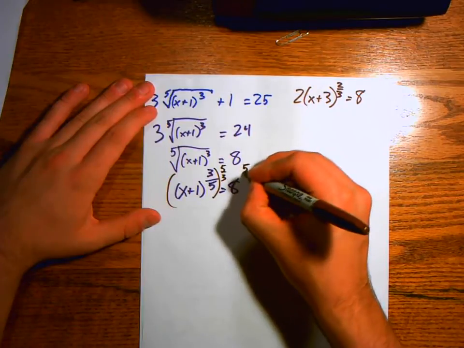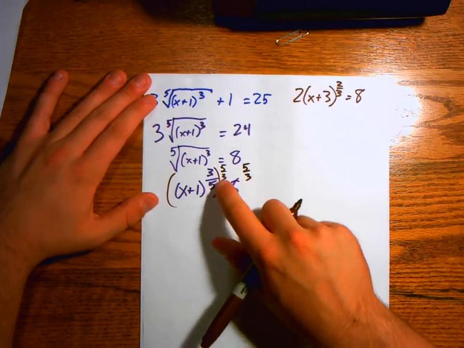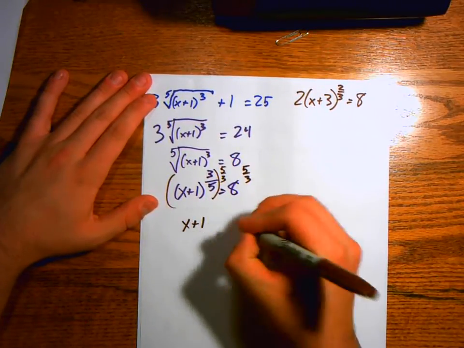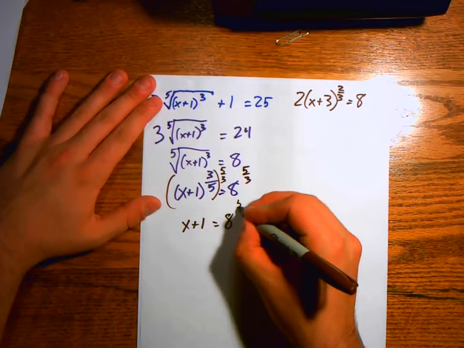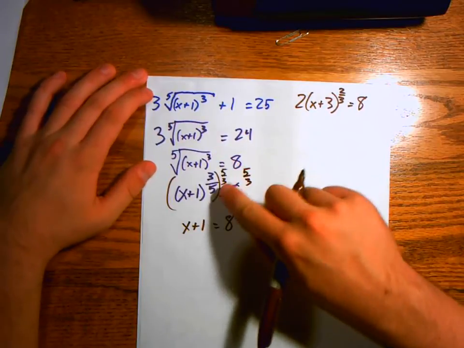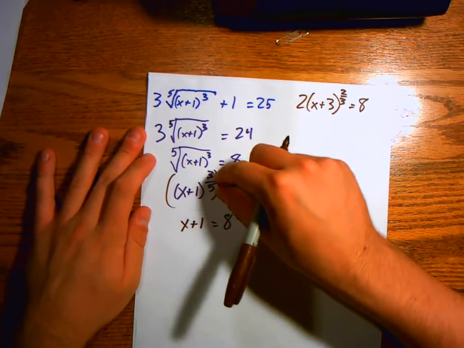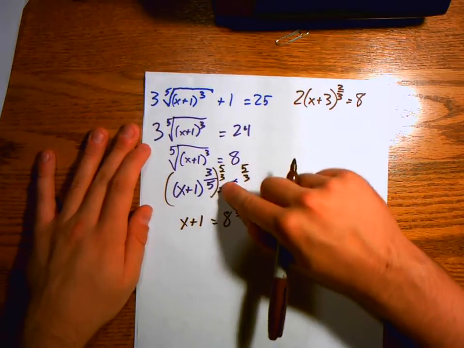We raise it to the power of 5/3 because when we multiply these exponents, they cancel out and we are left with an exponent of 1. So on the left side we're left with x plus 1, and on the right side we have 8 raised to the power of 5/3. So once you convert it from radical to exponential, you raise this whole expression to the power of whatever fraction this is, flipped. 3/5 is raised to the 5/3.